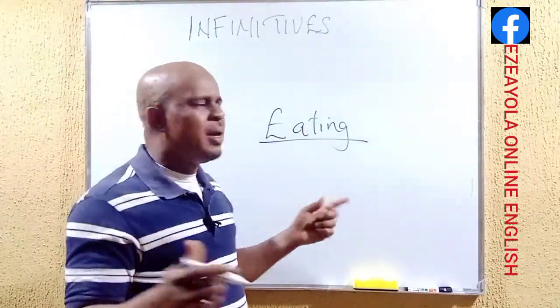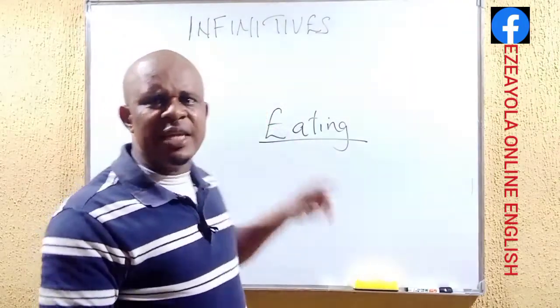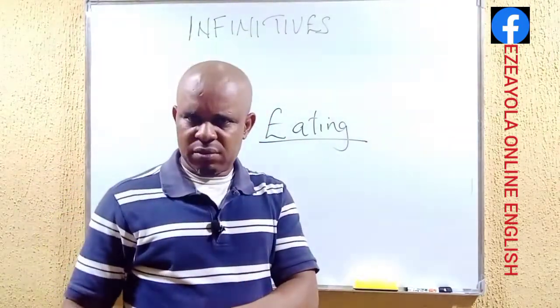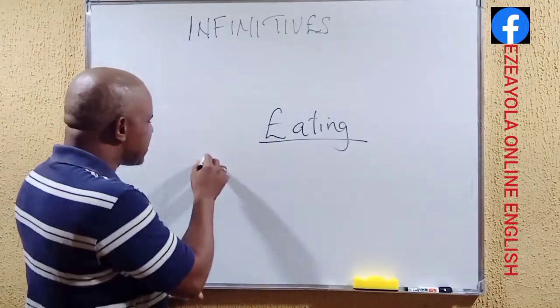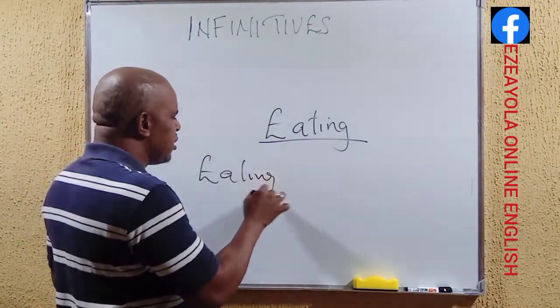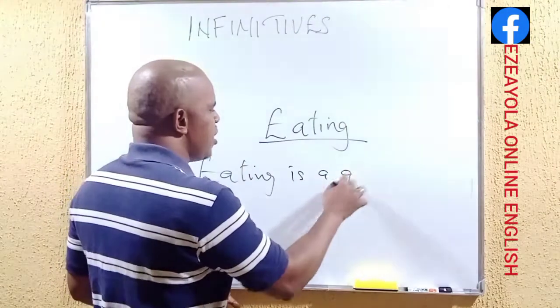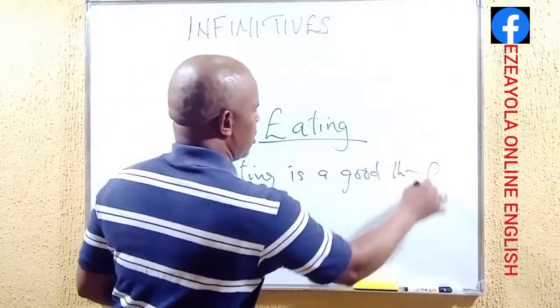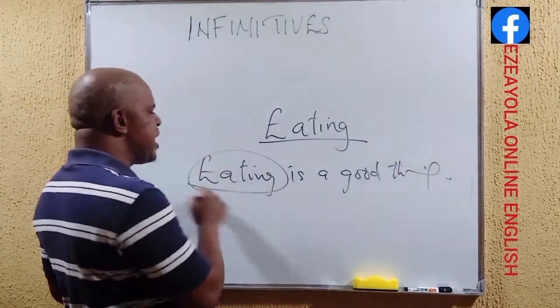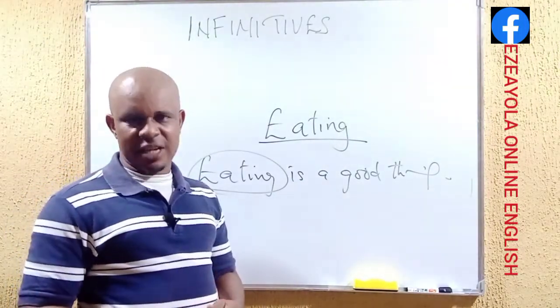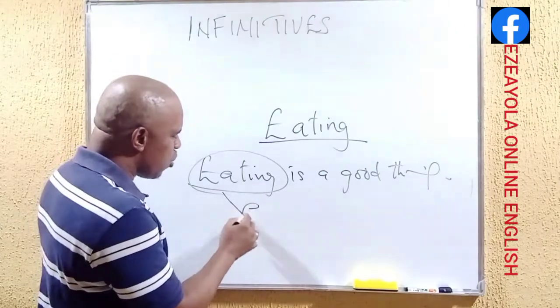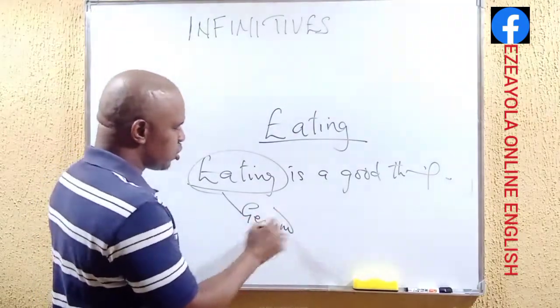How? Somebody can say, eating is a good habit. Eating is a good thing. The eating here cannot be seen as a verb, rather it is a noun. That is the type of noun we call gerund.